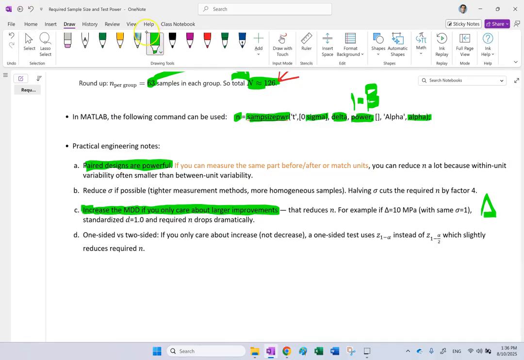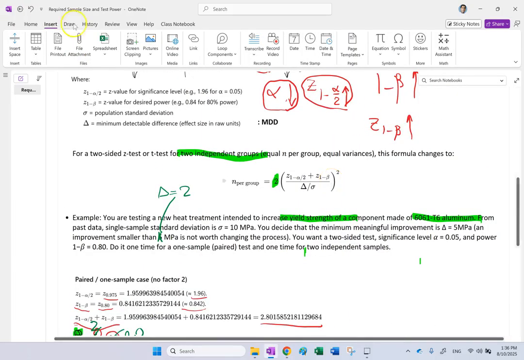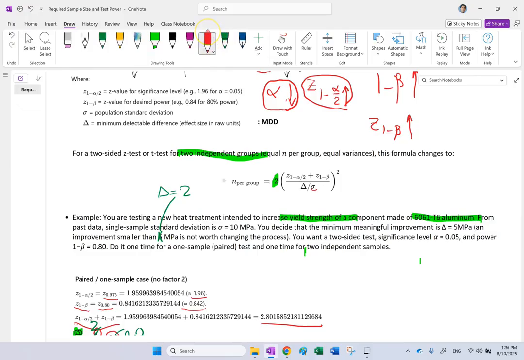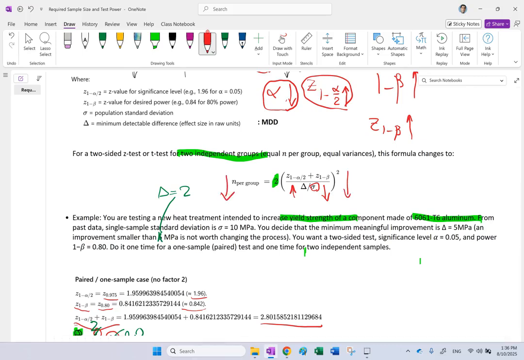Good. The next thing is reduce sigma if possible, because you clearly see that when sigma is reduced, look at the formula, when sigma goes down, the whole denominator goes up, so the whole thing goes down, n goes down.